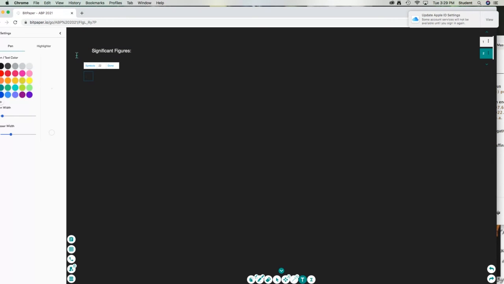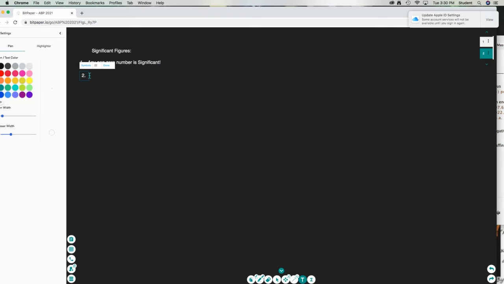okay, so first rule for sig figs is anything that's non-zero is significant. The number 12 has two significant figures because both of those are non-zeros. Now, when we're talking about zeros, it gets tricky. There's a bunch of rules.